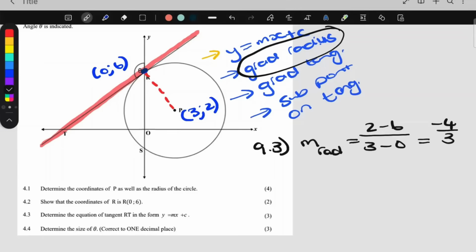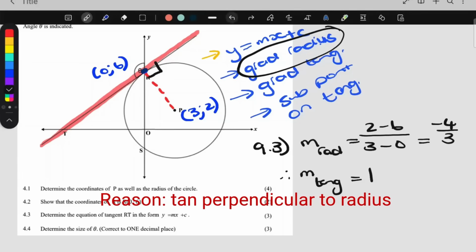Now I can conclude what the gradient of the tangent is because these lines are perpendicular. Therefore the gradient of the tangent: if this is negative 4 over 3, the sign changes, so it is a positive 3 over 4.